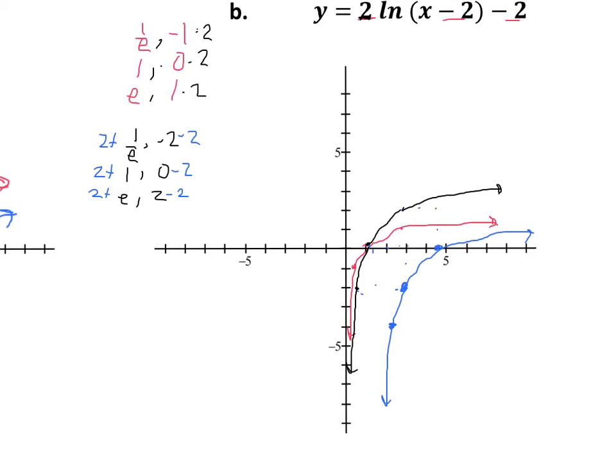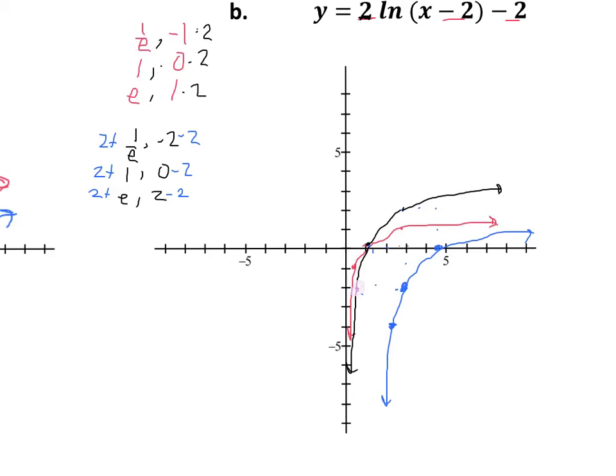Right. Yes? I'm lost by the blue part. I get that you're adding and subtracting. Right, so I'm going right 2, so I add 2 to my x's, and I'm going down 2, so I subtract 2 from my y's. And we're starting at the black one. So I started with this point right here, Mary.